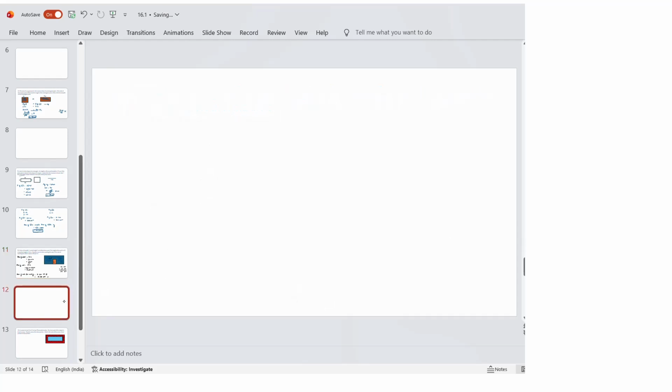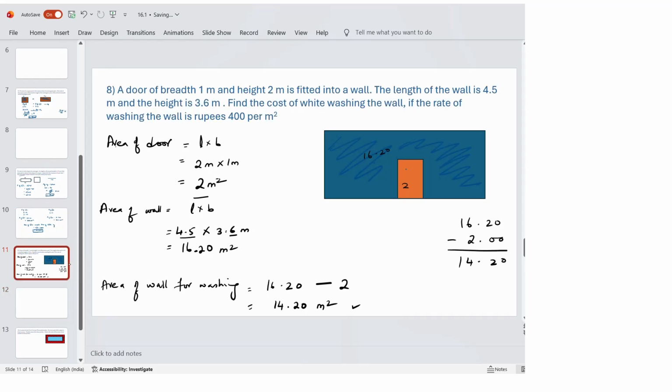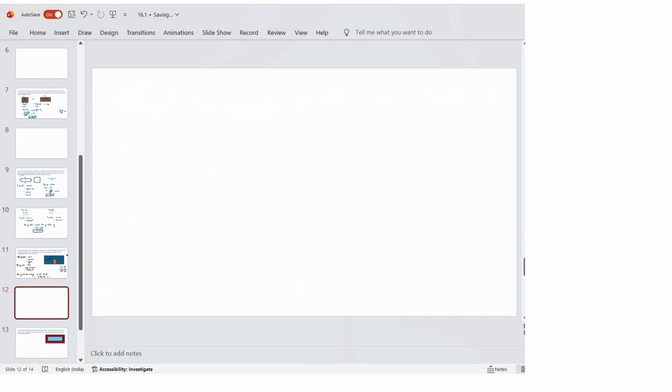Now you need to find out how much money is required for whitewashing the entire area. Now per meter square, it's taking 400 rupees. Now you start writing over here. Cost of washing the wall is equals to 400 rupees per meter square.